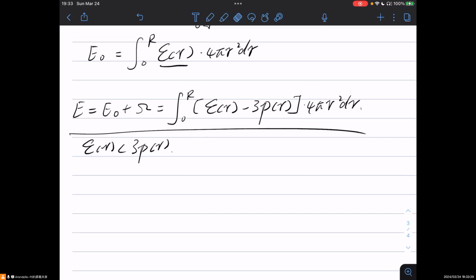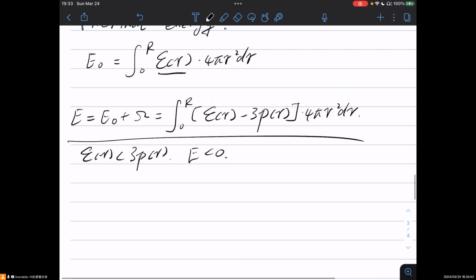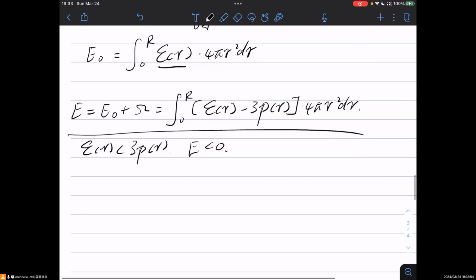Okay, so we can find in this expression that if epsilon(r) is less than 3 p(r), the total energy will be negative, and the star will be stable. The star's mass will not be dispersed to infinity when the total energy is negative.